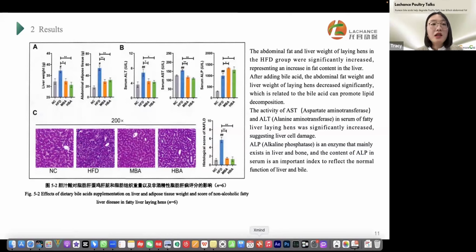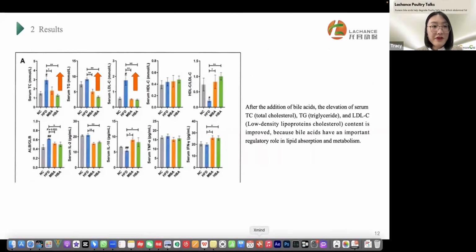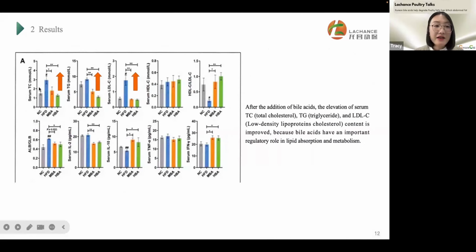This is the second result, and the third result is that you can see from these 3 charts. After the addition of bile acids, the elevation of serum TC, total cholesterol, and TG, triglycerides, and also low density lipoprotein cholesterol content is improved.